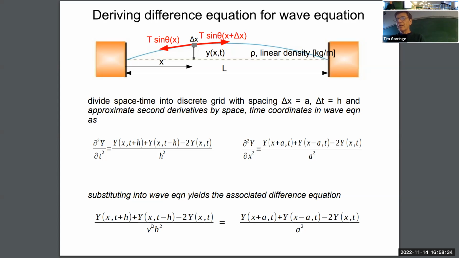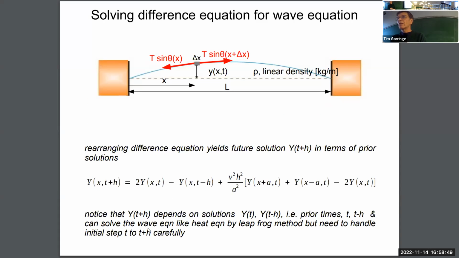So we see that velocity squared downstairs here. And so this is how we built our difference equation corresponding to the partial differential equation. This is how we're going to solve the partial differential equation.